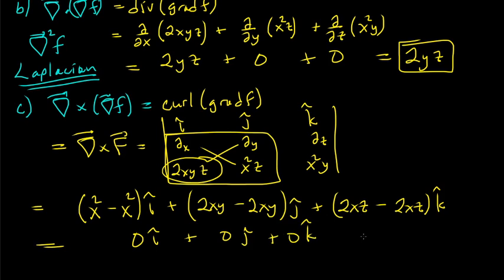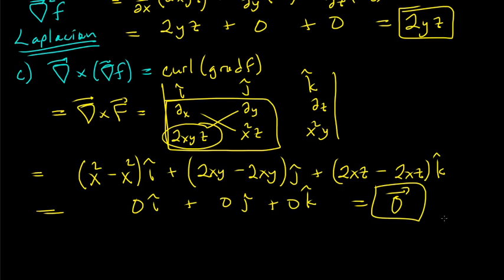So 0i plus 0j plus 0k is the 0 vector. Remember, when you take the curl of a vector field, you get a vector. It's the 0 vector field, but it's the 0 vector. So if you just write 0 without an arrow over it, that's wrong. The 0 vector is not the same as the 0 scalar.